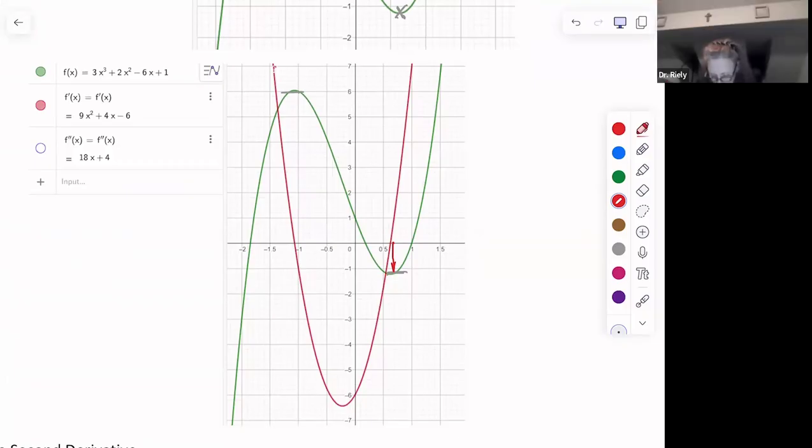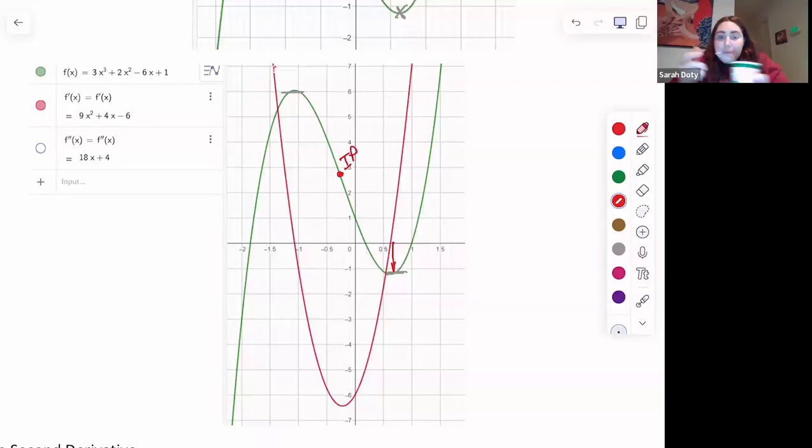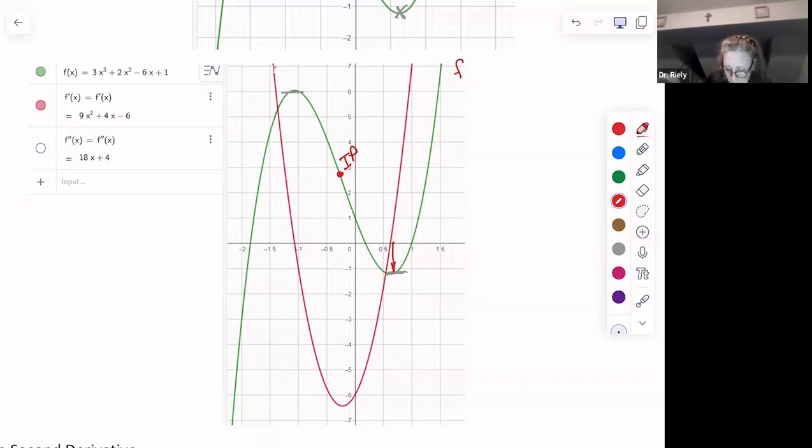And then this right about here must be the inflection point. And you can see the slope is negative, so that's why it's a minimum of the first derivative. So here is your, I'll use the right colors, here is your initial function. And then here is your first derivative.